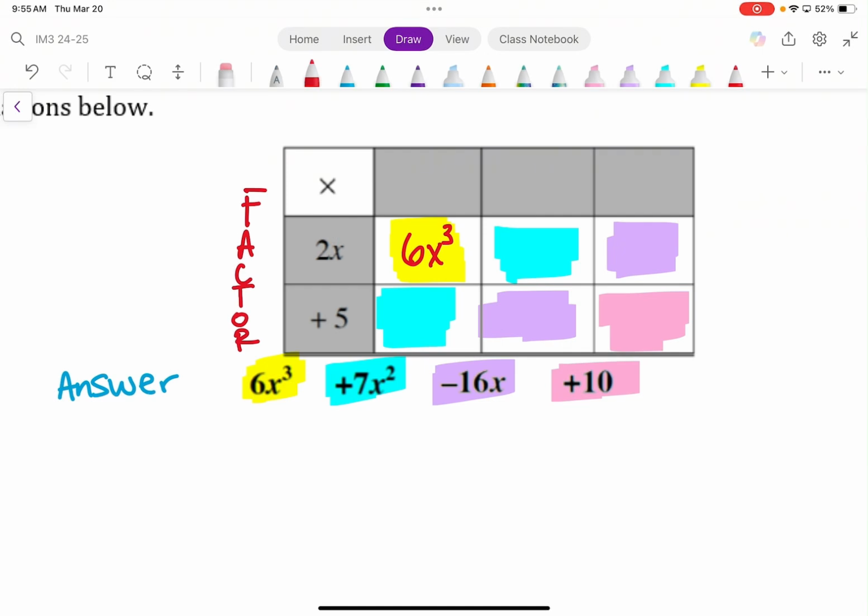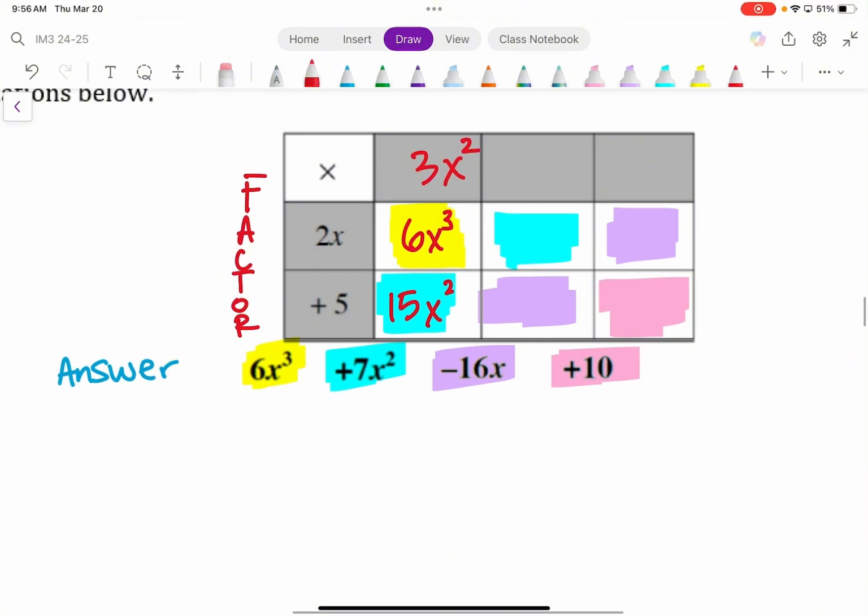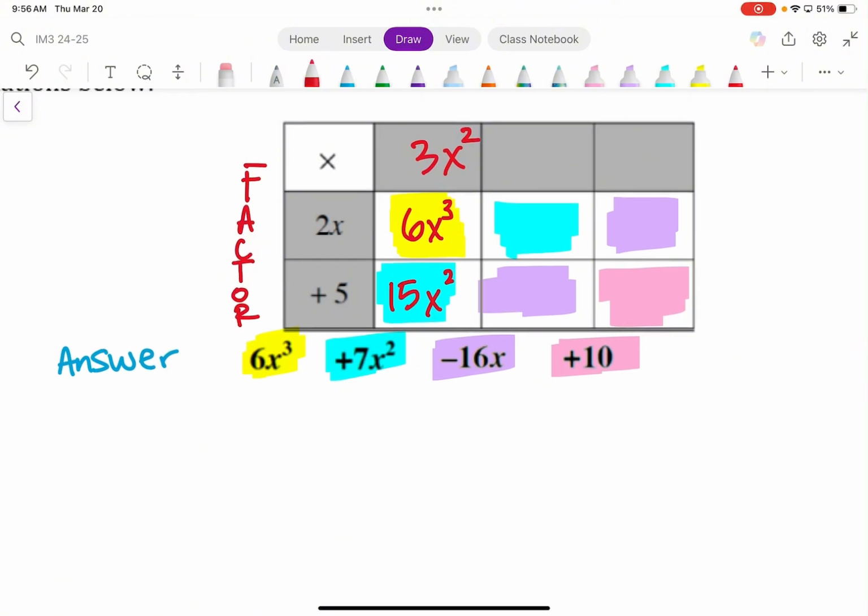Like this, watch. So to get 6x to the third, I need to multiply 2x and 3x squared. Then I multiply 5 and 3x squared to get 15x squared. However, the sum of 15 and another number is equal to 7. So what do I need to take away from 15 to get 7?